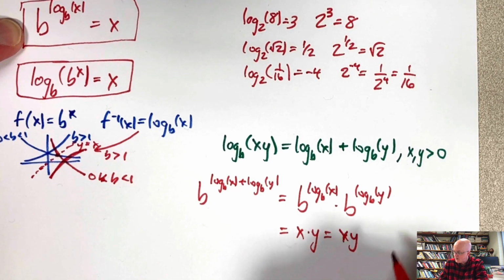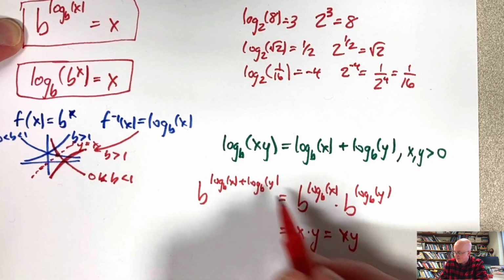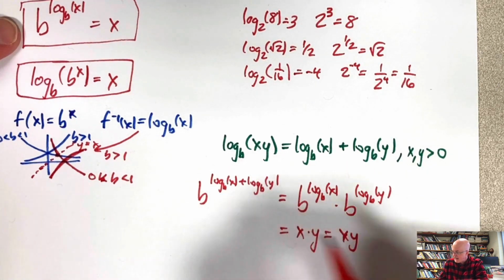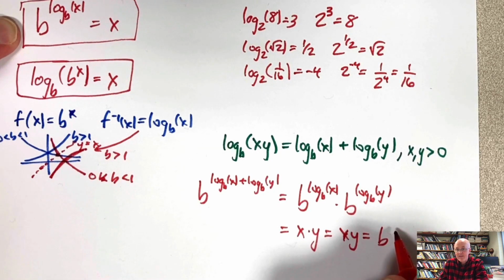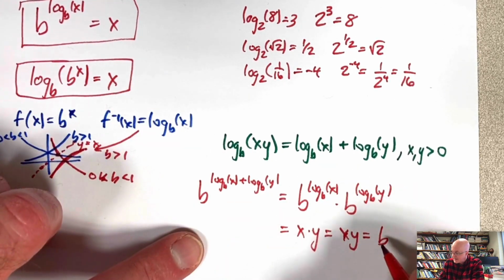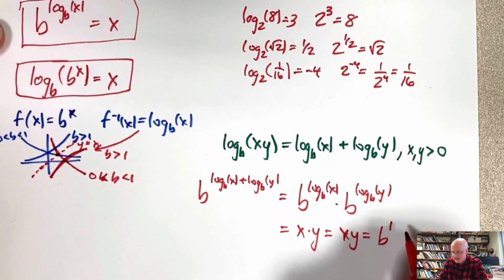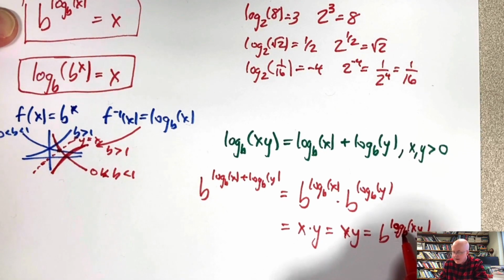And then use this property again. Why? Because I'm trying to show these two things are equal. I've got the right side in this exponent. If I can show that I get b to the left side, then the exponents must be equal. This property must be true. And that's true because, once again, I'm using this property here, but now with x replaced by x times y. That's supposed to be a log there, a little typo.